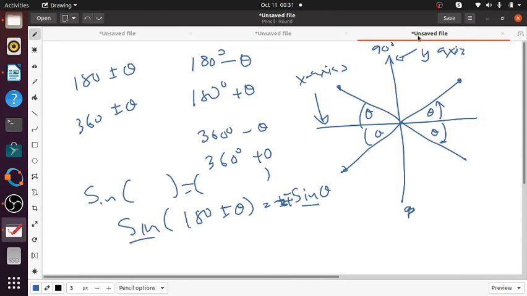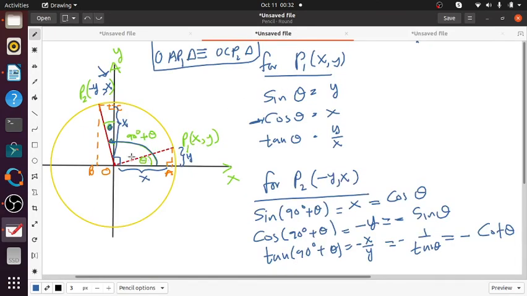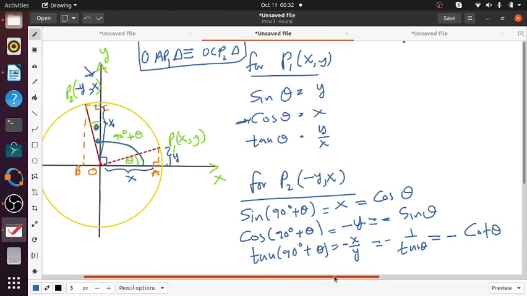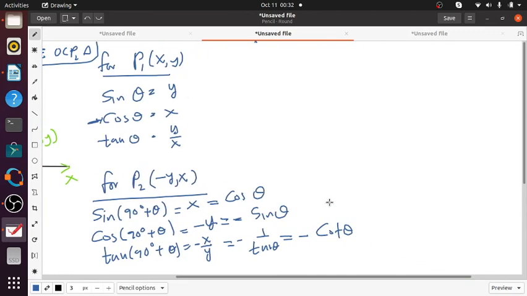In the 180 plus or minus case and 360 plus or minus case, you saw that the trig functions did not change. But in this case, when we are taking the acute angle with respect to the y-axis, the function changes. So you have to memorize these, because these are very important when it comes to trig identities.